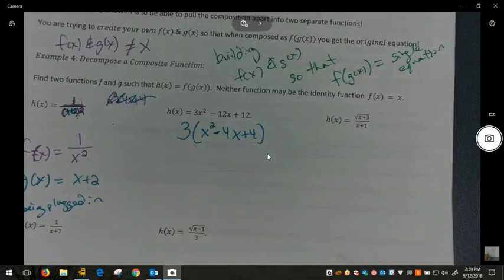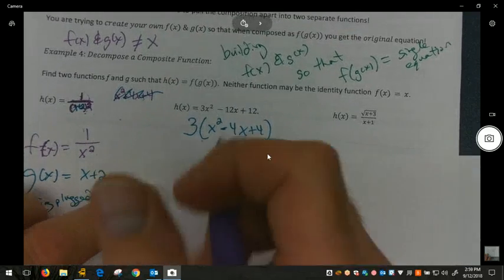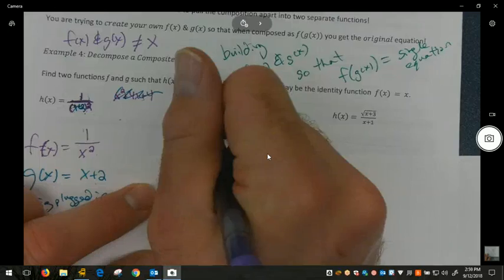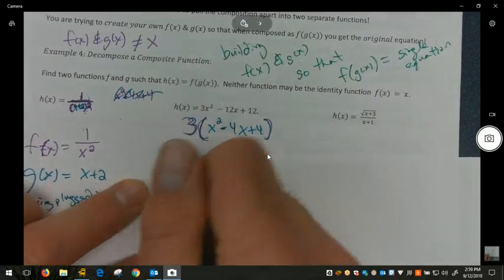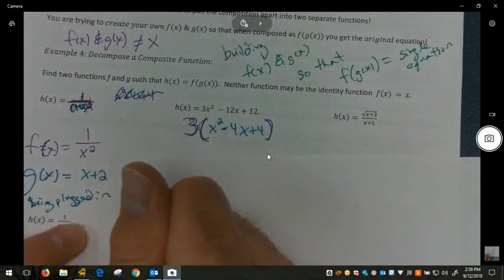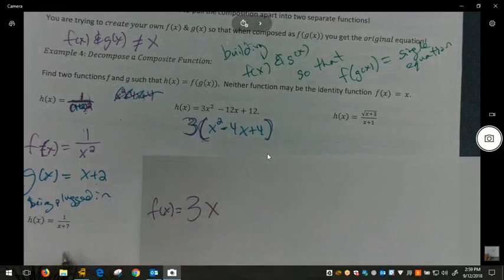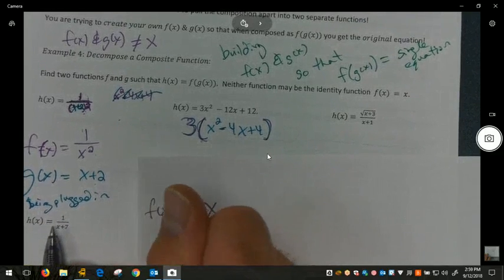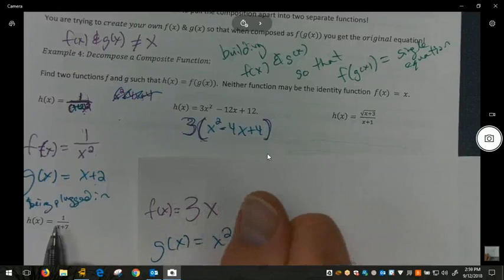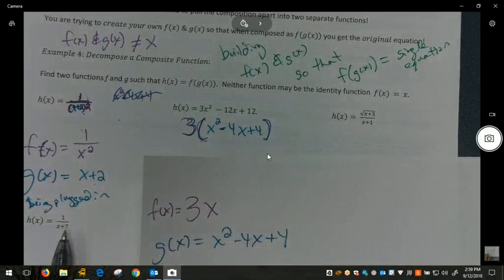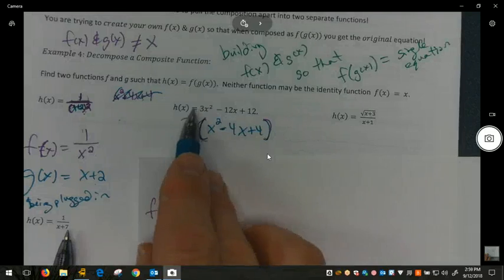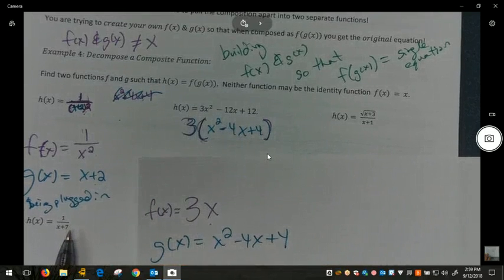Some of you might just stop here and say, whoa, look, I've got 3 times something. That can be the bigger function. And the one that I'm plugging in is x squared minus 4x plus 4. It's perfectly acceptable. When you plug this in, you get this back if you distributed the 3.